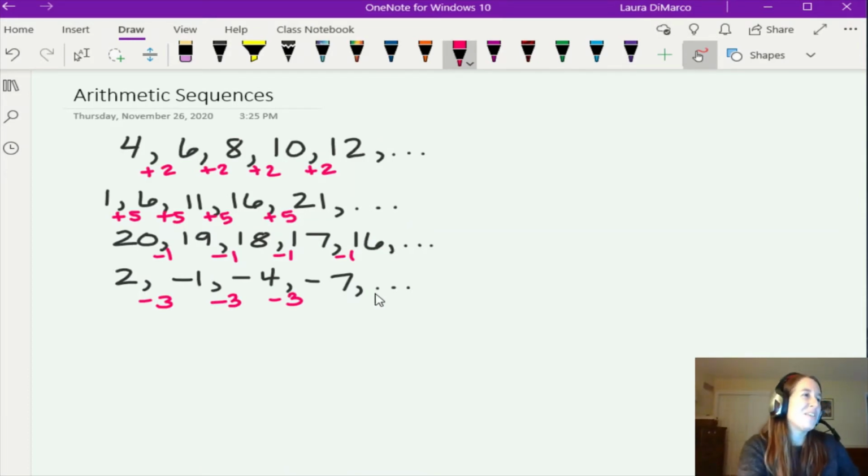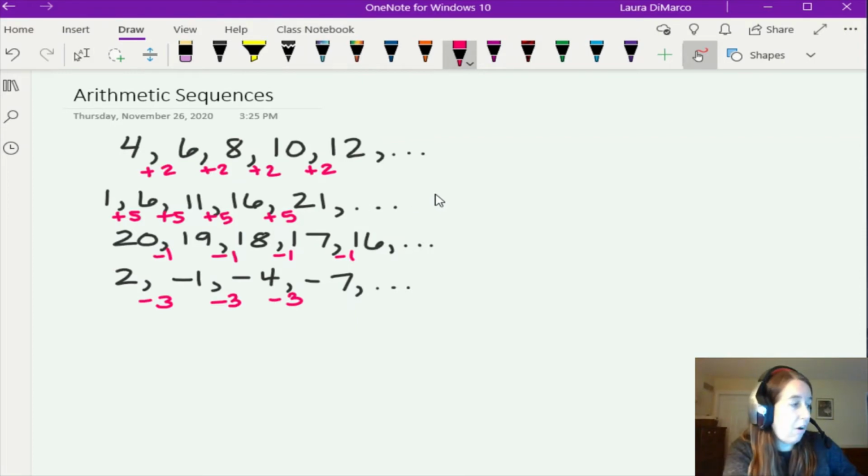Okay. So, at this point, you should realize that what we're doing is repeatedly adding something to get the next number. And even when we are subtracting, you know that that would be adding a negative number, right? So you could still consider this adding. It's just adding a negative number.